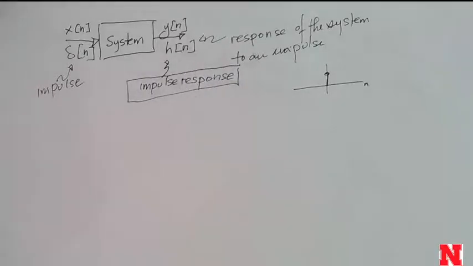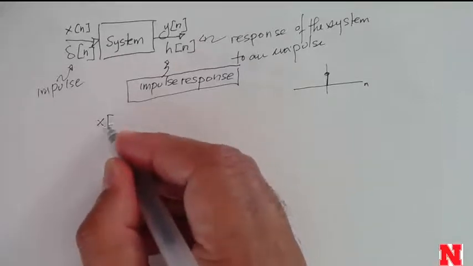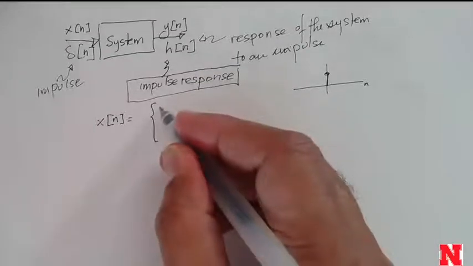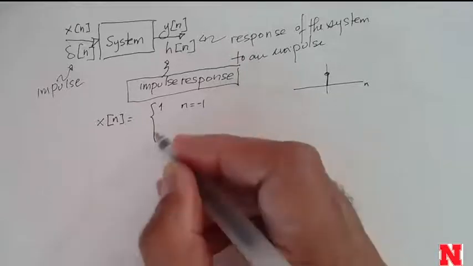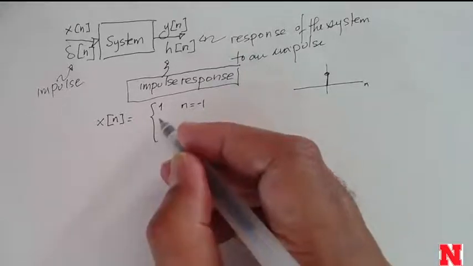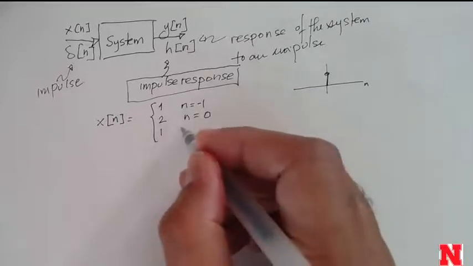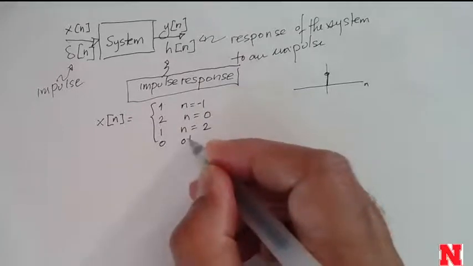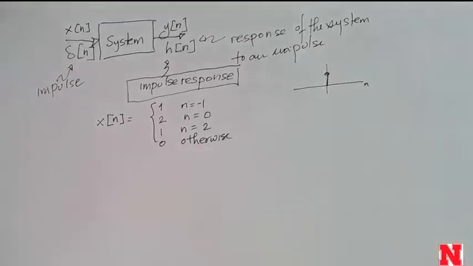Okay. To see at least the input-output thing, let's take a very simple input and see how that works. So let's suppose I have x of n, which is, say, 1 for n equals minus 1, and 2 for n equals 0, and 1 for n equals 2, and just to keep the writing small, let's say 0 otherwise, right?